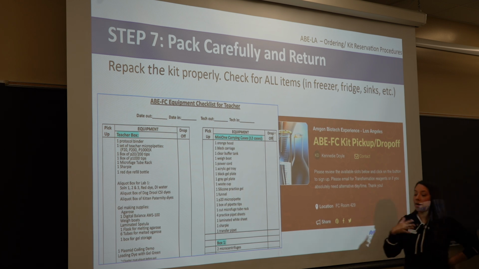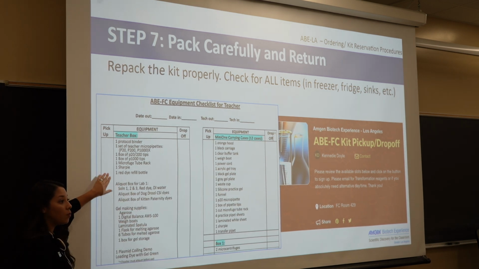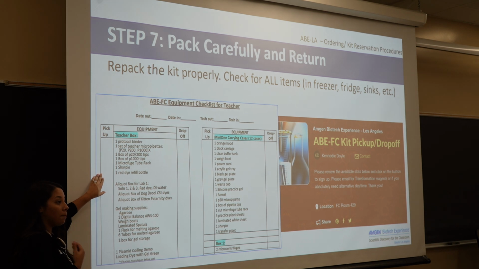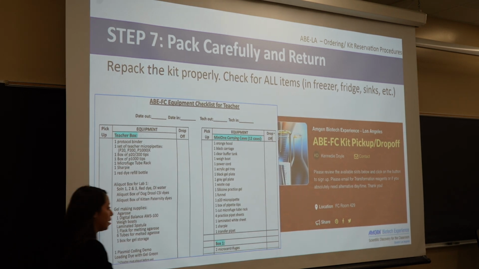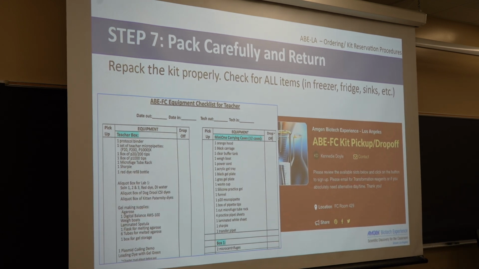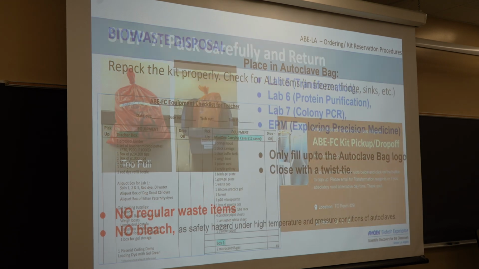If you want to go back to the kit equipment checklist, we will also be emailing you that the day that you pick up your materials. We'll be giving you a copy of this in your inbox as well. You can use that as a reference to make sure that you got everything back into all of the kits and then to us.